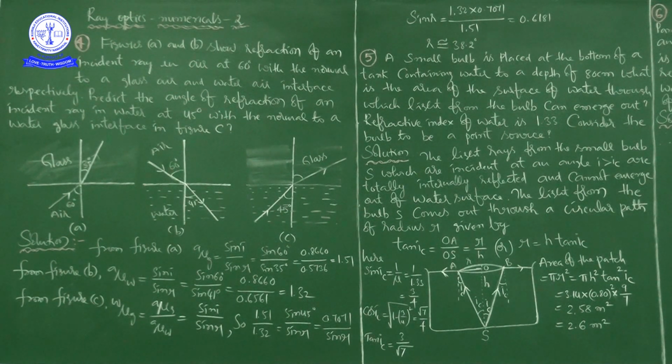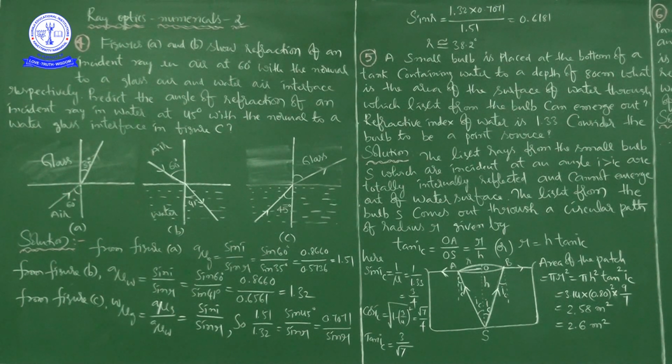If you see this problem, there are three figures, A, B, C. Figures A and B show refraction of an incident ray in air at 60 degrees with the normal.